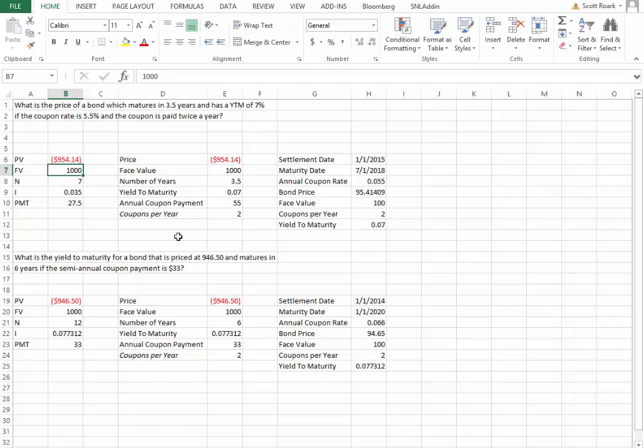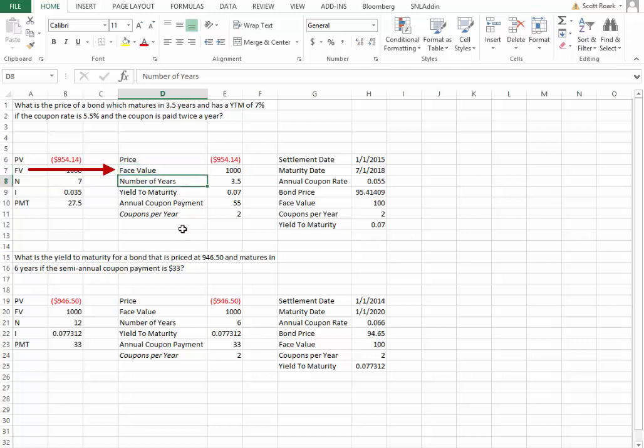Now I just want to show you, as we transition to this pricing model over to the right, I could spell out some of these things, make it a little bit more clear. For instance, I could put the price, that's basically what PV is telling us in the simple model to the left here. The PV is the price of a bond. The FV is the face value of the bond.